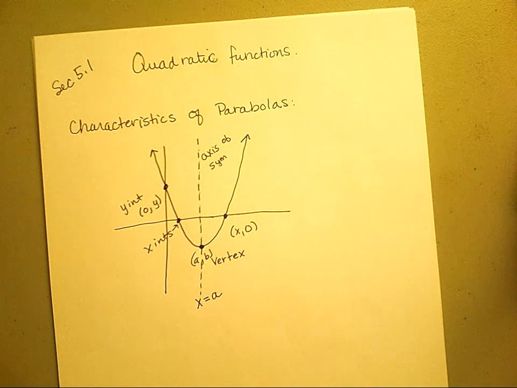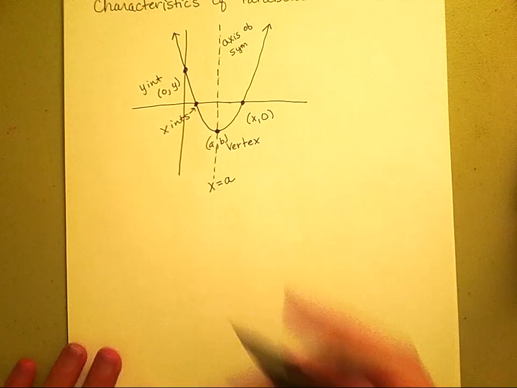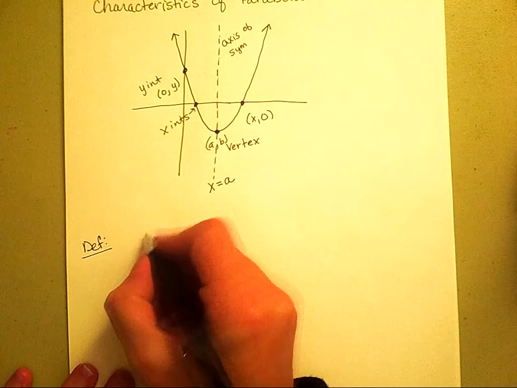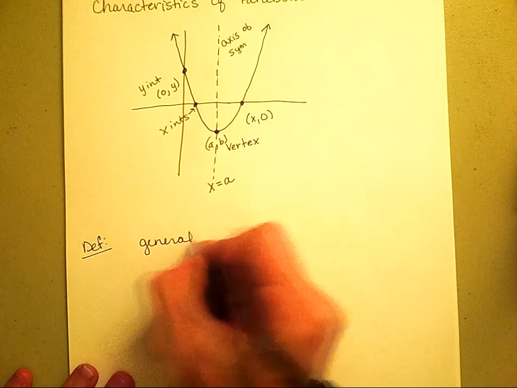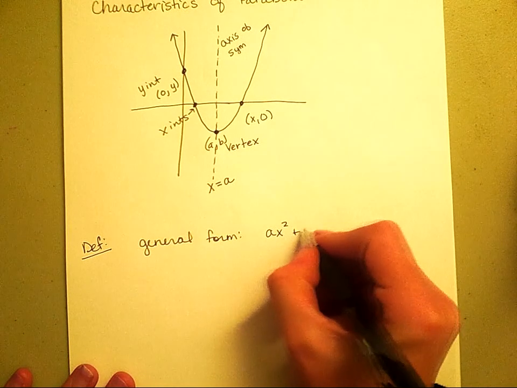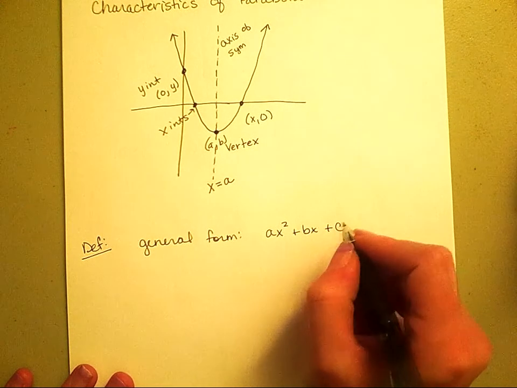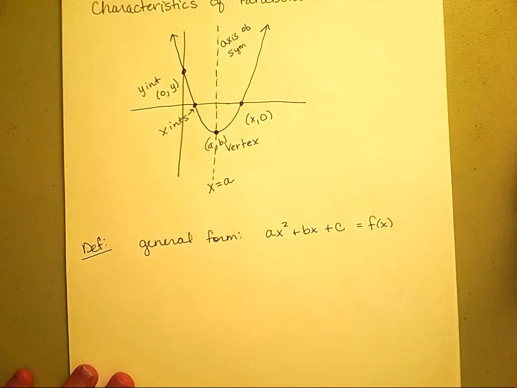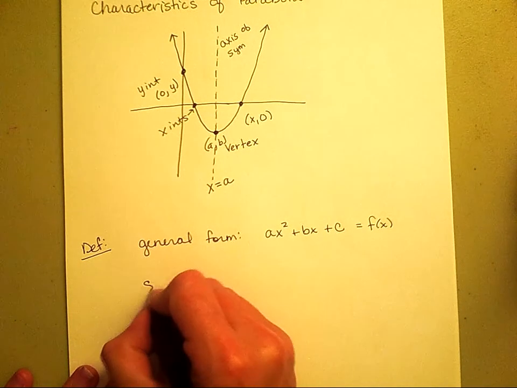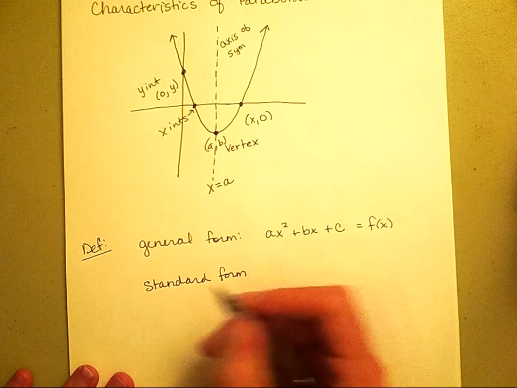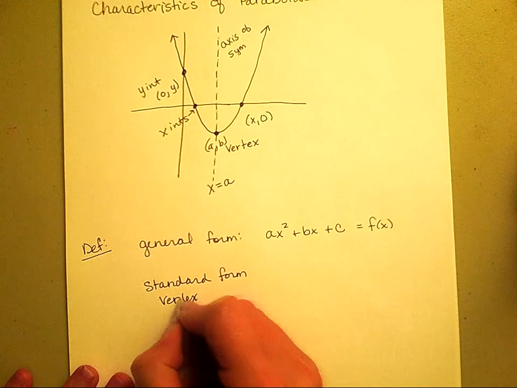Now there's two different ways that we can write equations for the quadratic. Your book calls this the general form, which I think we're used to seeing. That's ax squared plus bx plus c. We could write the function as that. Okay, f of x is equal to that. Okay. We could also, your book calls this the standard form. And I usually just call it the vertex form.